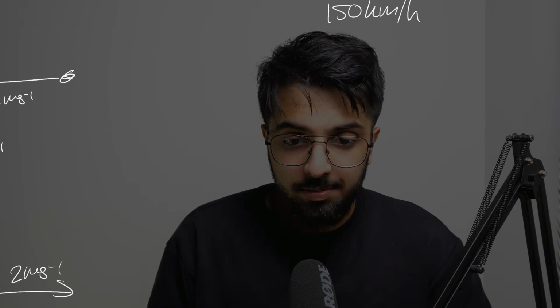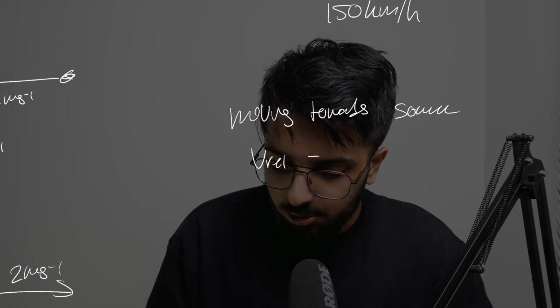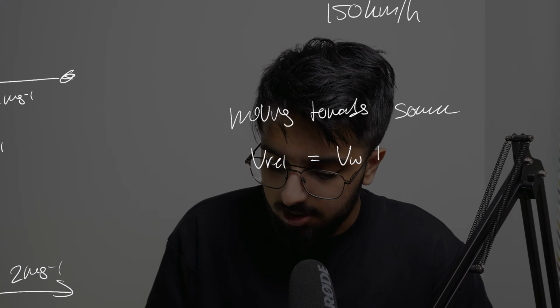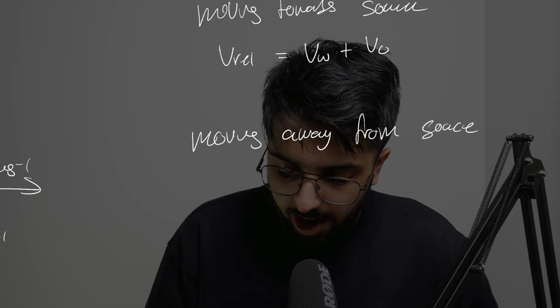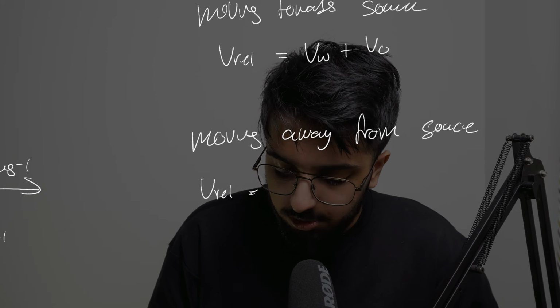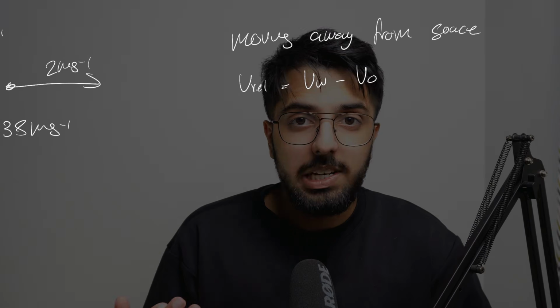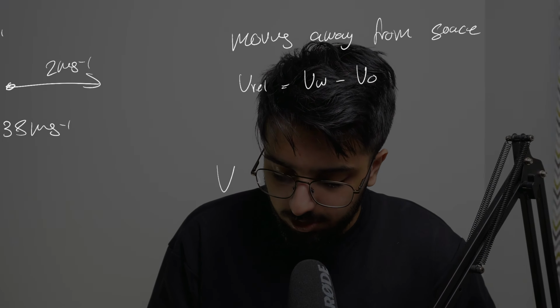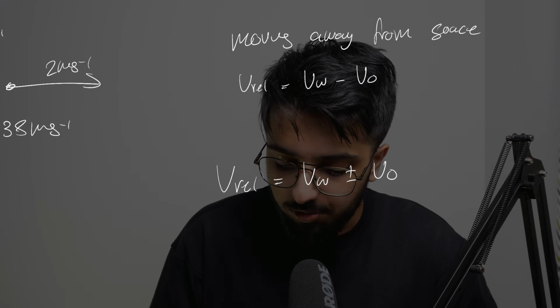So when we are moving towards the source, our relative velocity is equal to the velocity of the wave plus the velocity of the observer. However, when we're moving away from the source, our relative velocity is equal to the velocity of the wave minus the velocity of the observer. Therefore we can make a general formula saying that the relative velocity is equal to the velocity of the wave plus or minus the velocity of the observer.